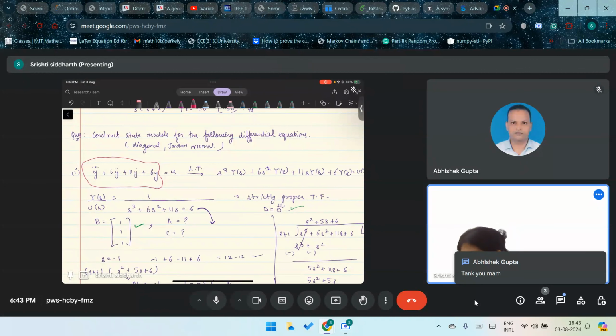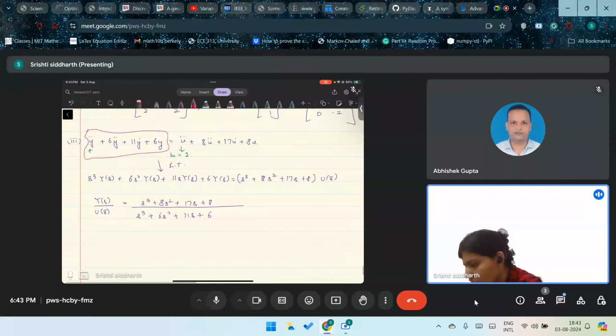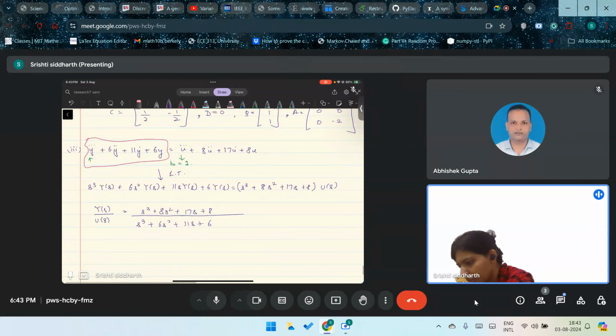So let's see if this is true. Third order derivative 1, 6, 11, and 6. So this is true. So I'll just write down the partial fraction expansion there.